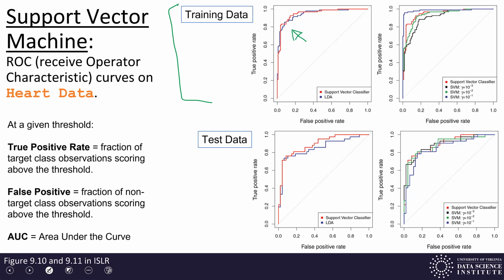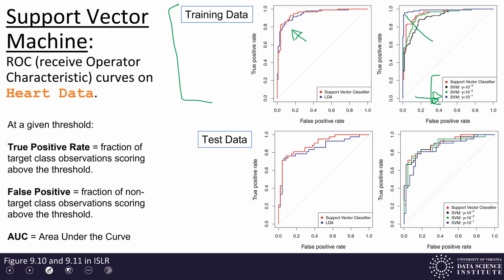Support vector classifier is a linear classifier, so it's about as good as LDA in this situation, which is not a giant surprise because it's a linear classifier. Over here, in red, we have our support vector classifier compared to the support vector machines, and we see the support vector machine with this gamma. Remember, gamma is a parameter in your radial basis function kernel that seems to be performing the best.